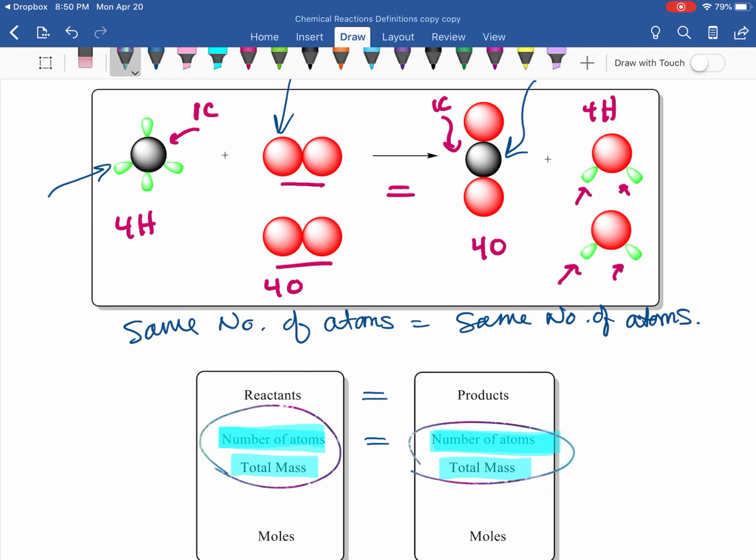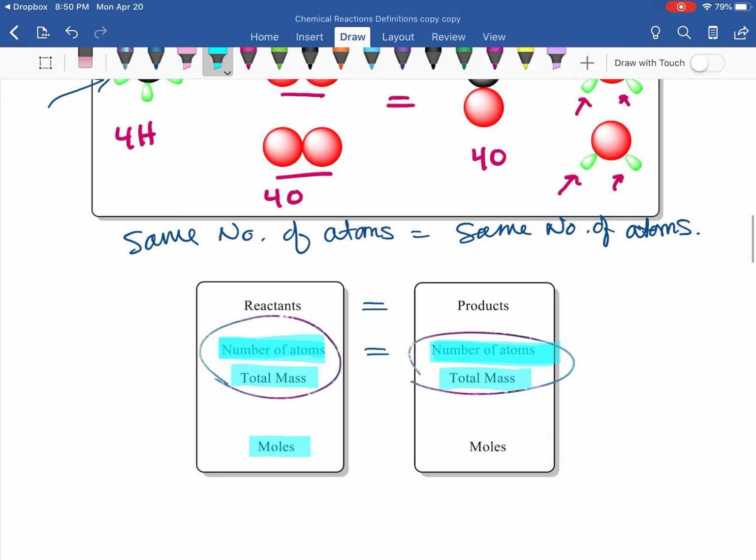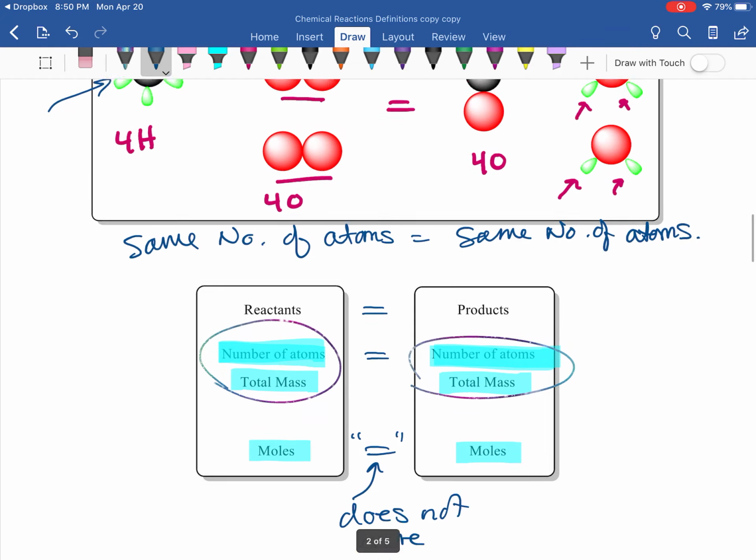You just rearranged your bonds. So your total mass should be equal on both sides of your reaction. Now, the one thing that does not have to be equal is moles. Moles does not have to equal.